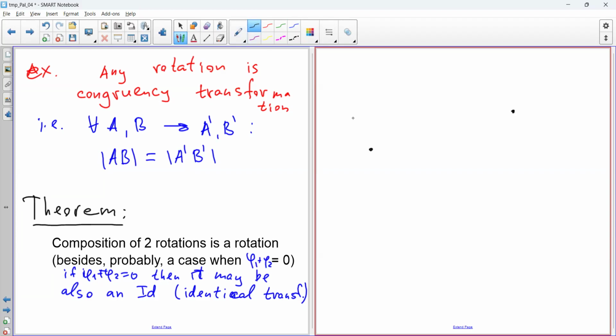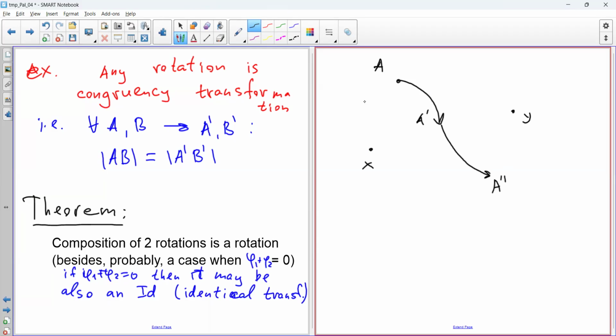So we have, say, X, Y, as we introduced it initially. And for example, here we had point A. So the point A goes here first to A prime. Then it goes further over here as A double prime.